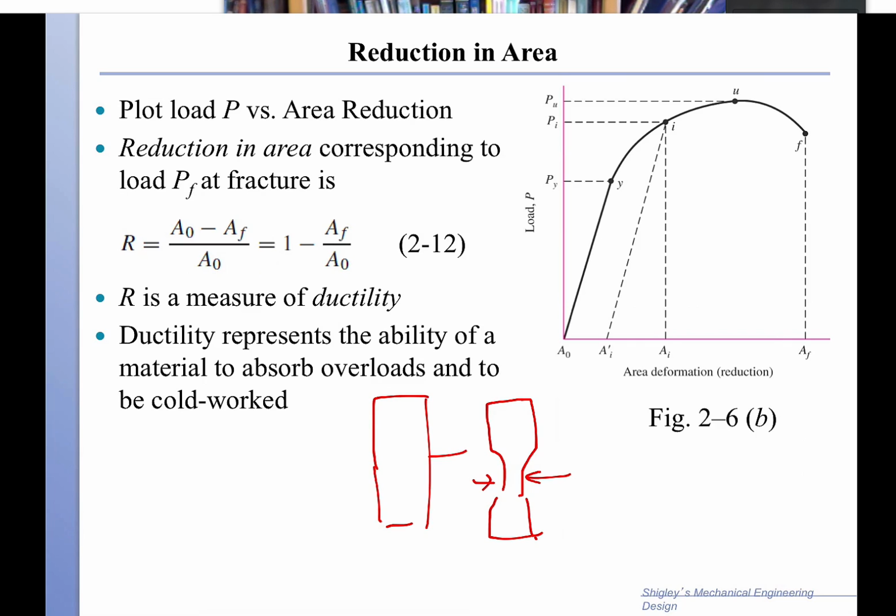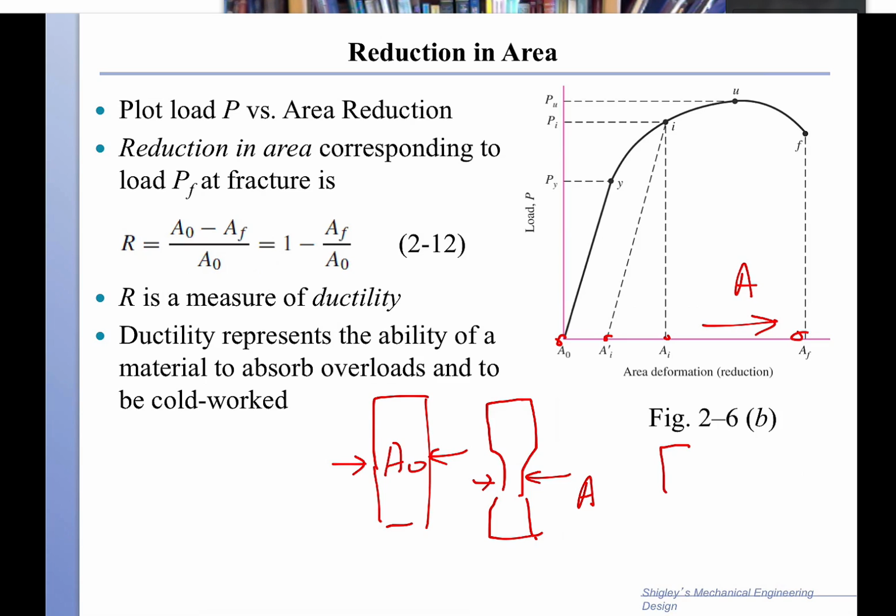So the original area, let's call it A sub 0, and the area after deformation, we're going to call it A. So on this axis here, A, in fact, is a decreasing parameter. So A0 is the largest, then the area is decreased. A_i prime is less than A0, A_i is even less, and A_F is the final area before fracture.